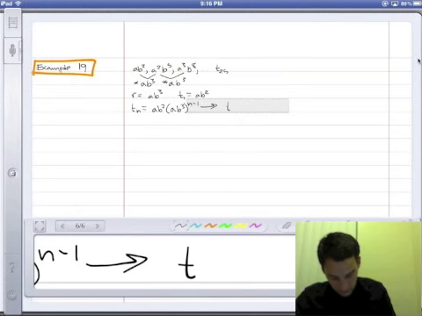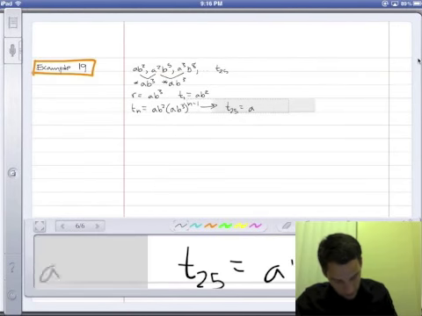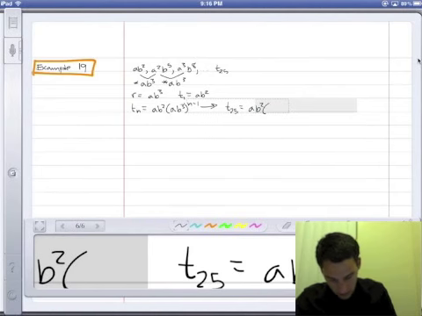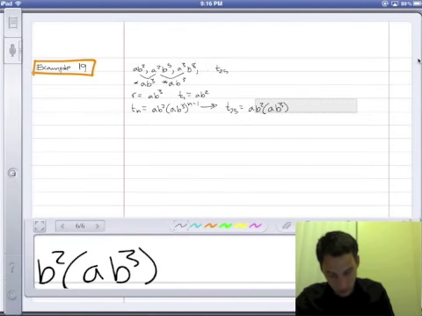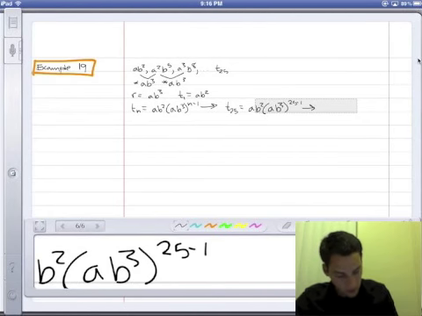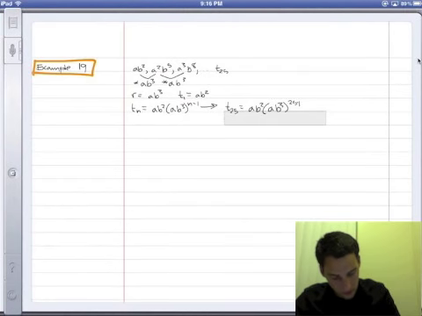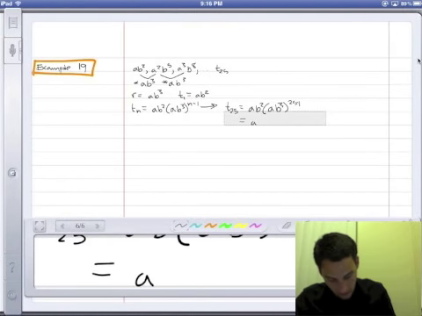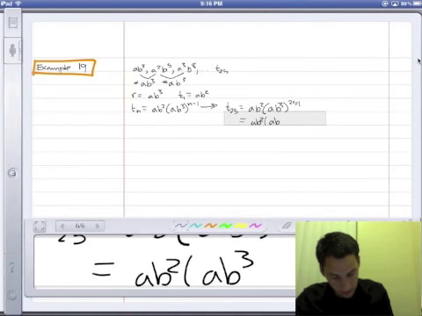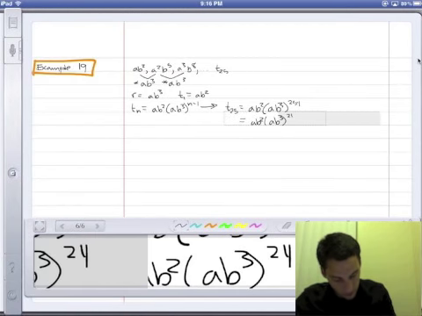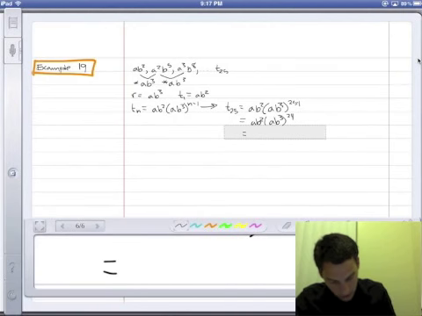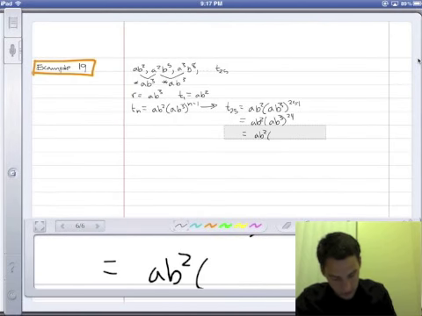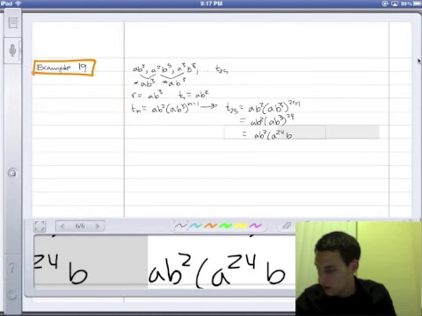So T sub 25 equals a b squared times a b cubed, all to the 25 minus 1, which is the same as a b squared times a b cubed to the 24. Same as a b squared times a to the 24th, b to the 72.